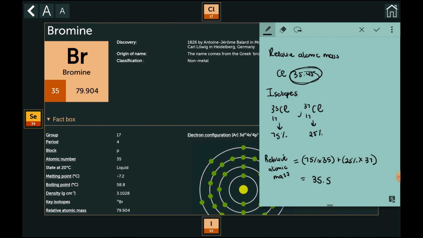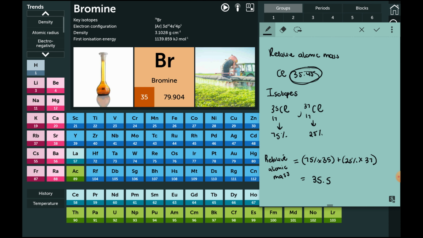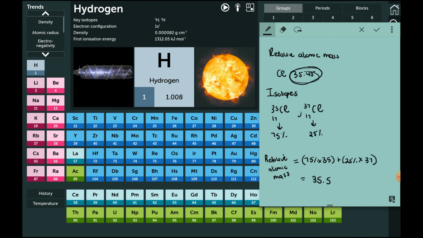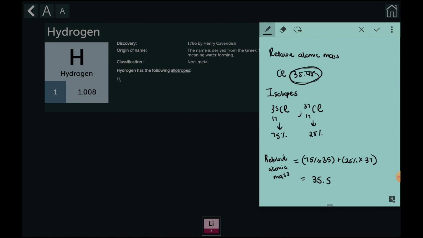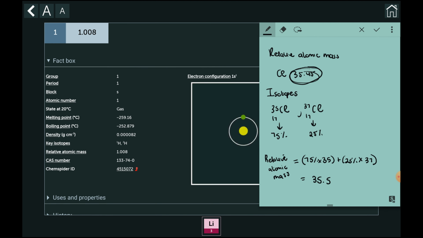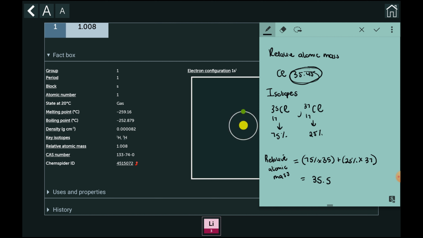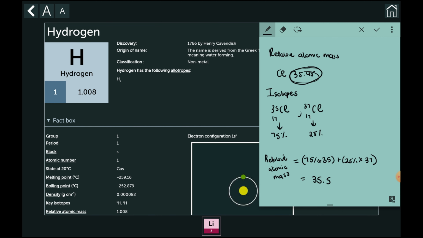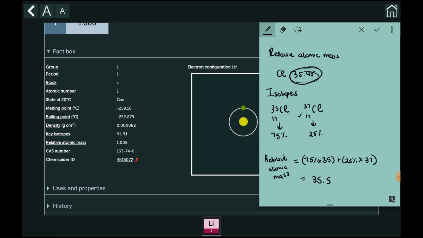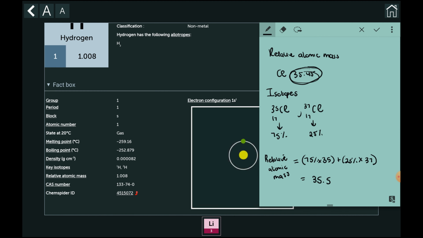Okay, so I see they didn't show that in this table, but you can even look at hydrogen. Okay, hydrogen has 3 different isotopes. Okay, that's normal hydrogen, then you have hydrogen with a mass number of 2, and then you have tritium. Okay, so you have hydrogen, deuterium, which is the 2, and then tritium that has a mass number of 3. Okay, and that's how you work out the natural abundance. You add them together and you get the relative atomic mass.